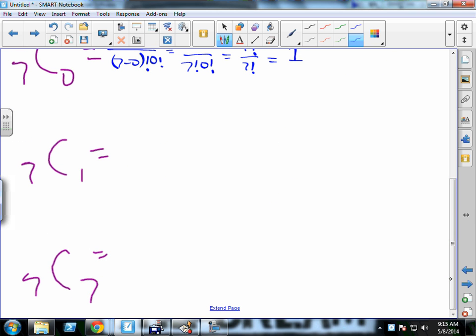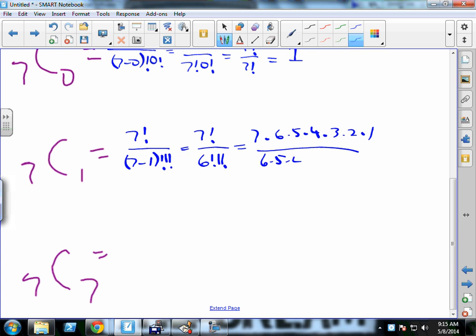7 choose 1 is 7 factorial over 7 minus 1, the quantity factorial, times 1 factorial. That's 7 factorial over 6 factorial times 1 factorial. That's 7 times 6 times 5 times 4 times 3 times 2 times 1 over 6 times 5 times 4 times 3 times 2 times 1 times 1. Everything cancels. It's 7.